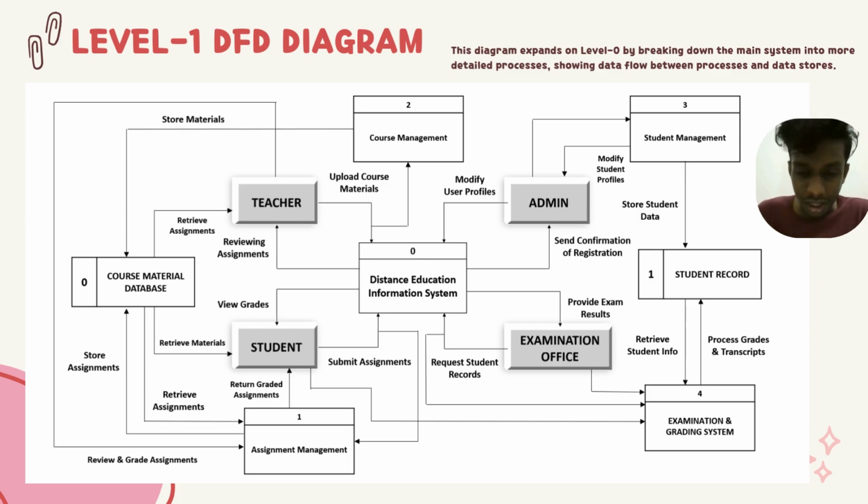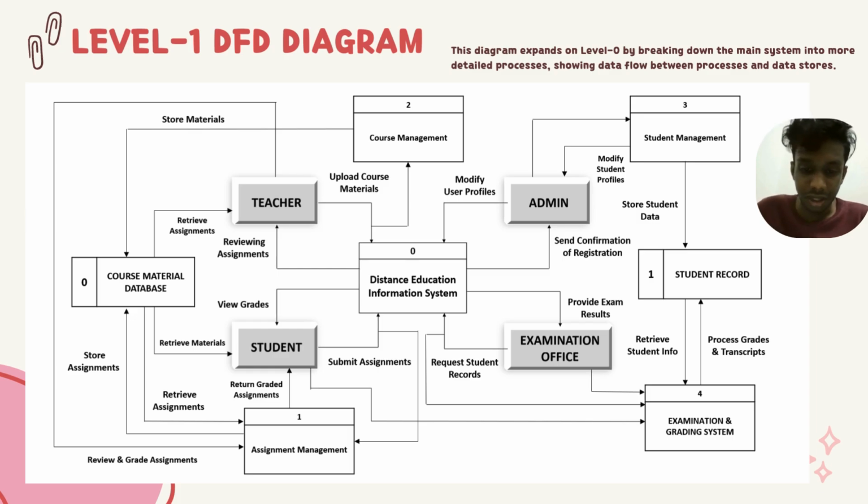transcripts, and another process where after the examination office, it directly goes to request student record. After that, it directly goes to examination, and from the examination goes to process grading and transcripts.